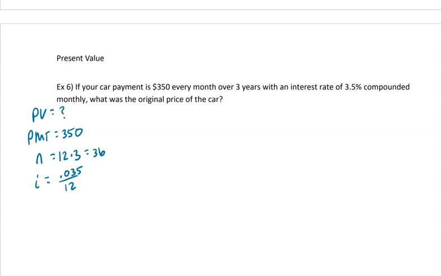Okay, so what that's going to look like. So we're going to have PV equals PMT, and on top 1 minus 1 plus I to the negative N, over I. So payments $350, then 1 minus 1 plus I, which I'm just going to put in as 0.035 over 12.